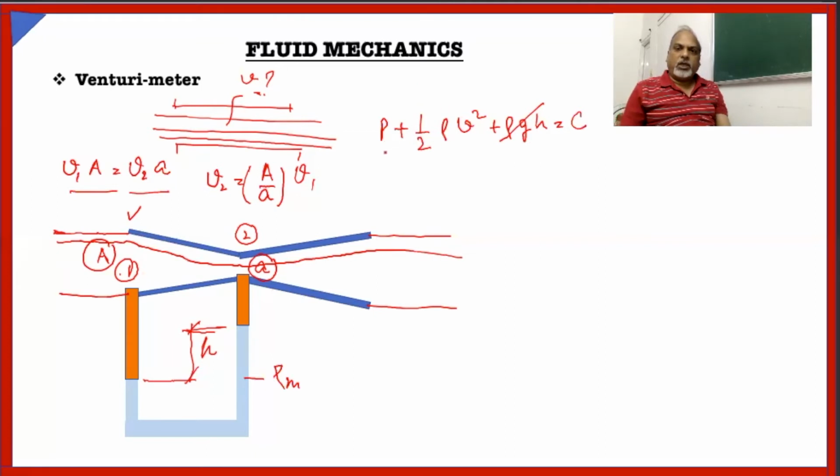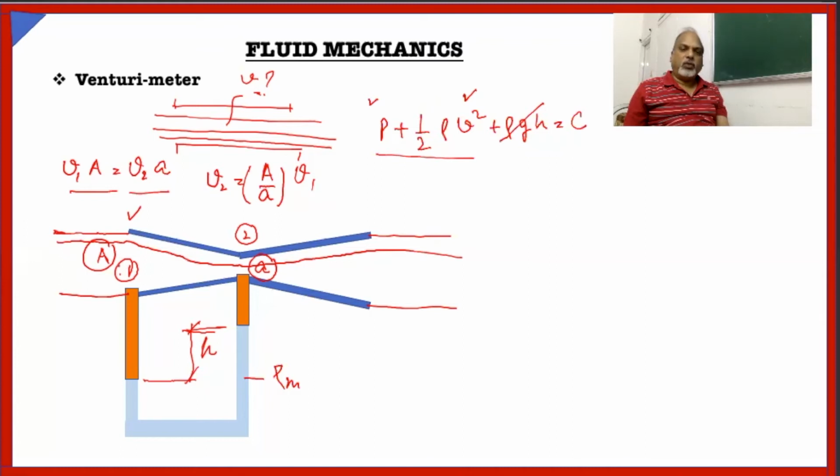So with this equation, if velocity is more, then naturally pressure will be less there, and if velocity is less, pressure will be more. So with this analogy, pressure at point 1 will be more because velocity here is less.